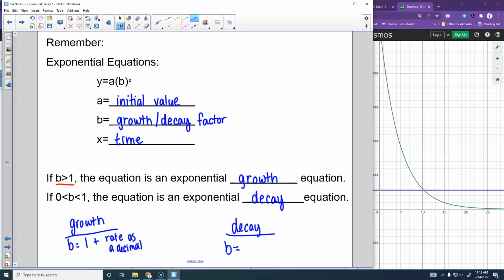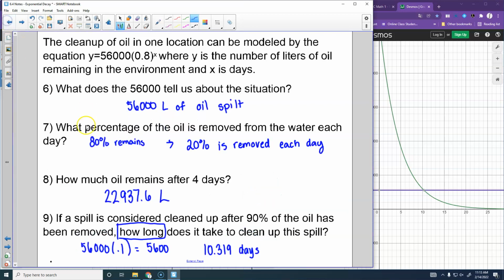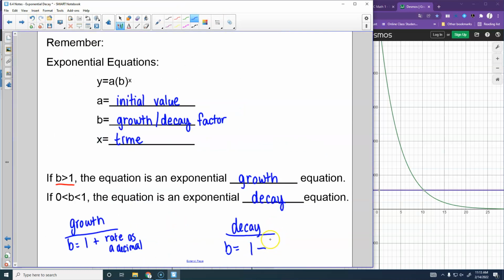We don't just leave it unless it's 50%, in which case it will work, but that's the only time. If we look at what we had back here, we had 0.8, but it ended up being 20%. We take it away from our 1. So we're going to do 1 minus our rate as a decimal. It makes sense, right? If you're growing, you would add. If you're decaying, you would subtract from your percent. Okay, questions?